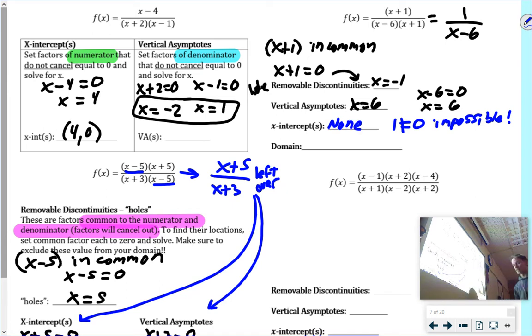So this means it's never going to cross the x-axis. And that happens sometimes. Not all the time, but sometimes. And then for the domain, as I said a second ago, we're going to combine the VA and the hole. So x is an element of the real numbers such that x is not equal to whatever those two numbers are, negative 1 and 6.